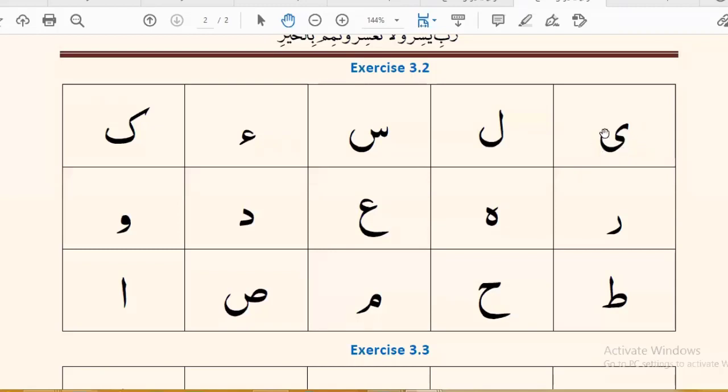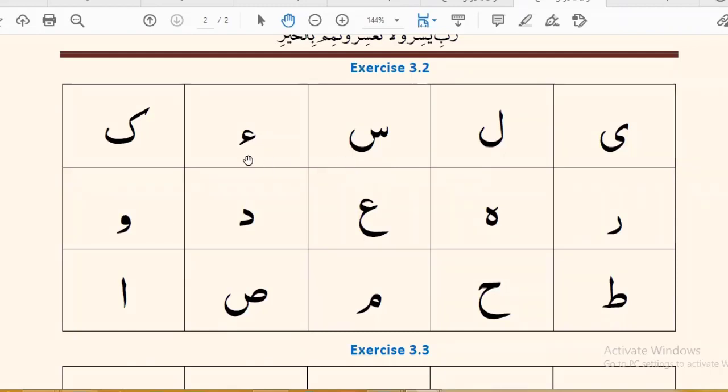Okay, now this letter is Ya. Brilliant. Lam. Good. Smiling face, remember, because this is a thin sounding letter. Lam. Brilliant.